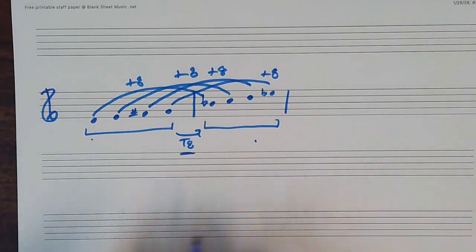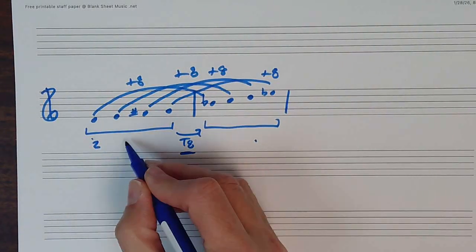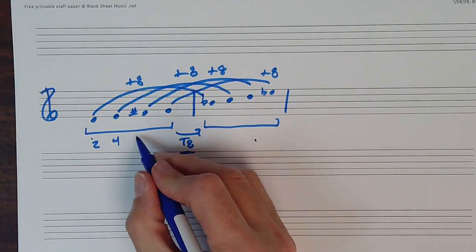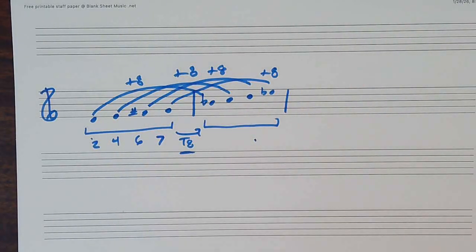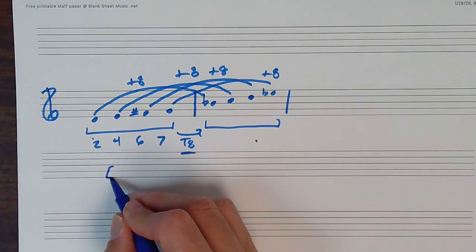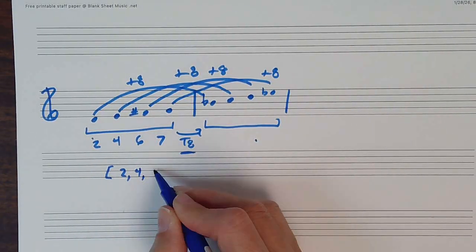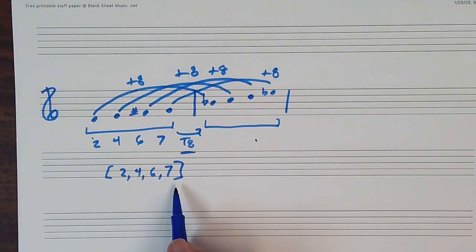Okay, now if we were to do this as numbers, it gets a lot easier. Because if we convert this to numbers, this is 2, 4, 6, and 7. All we have to do is take 2, 4, 6, 7, which we know is in normal form.